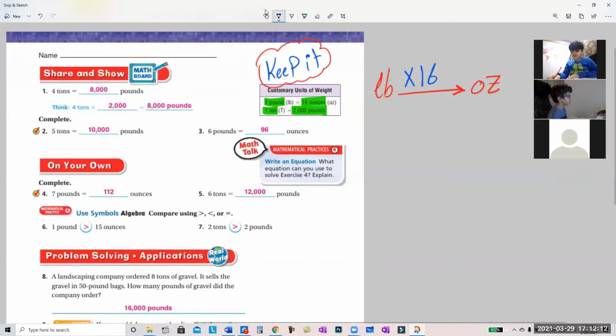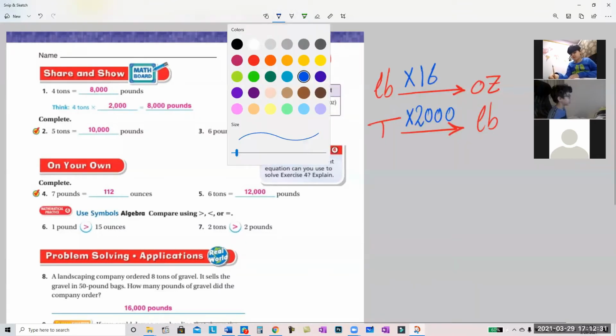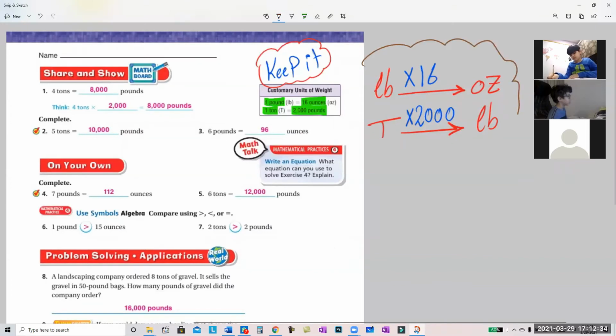And then if you want to convert from tons to pounds, you have to multiply by 2,000. You have to keep this in your mind, guys. It's so important for you. We're going to use it on this page. You have 1 minute to write it, and then we're going to continue our lesson.